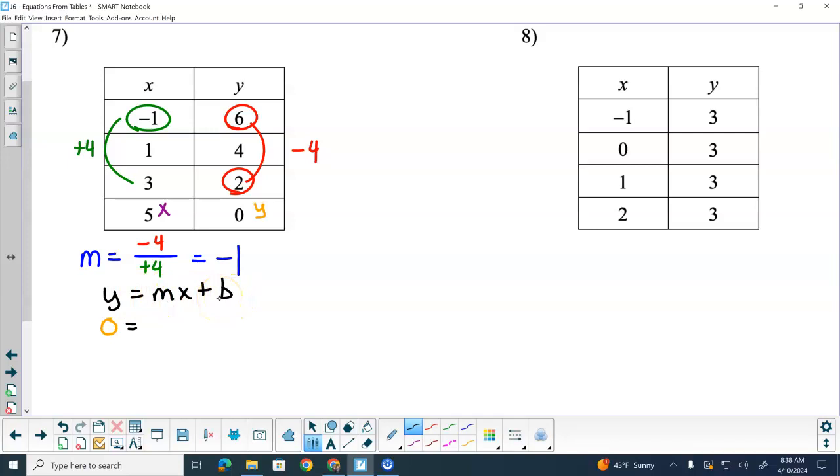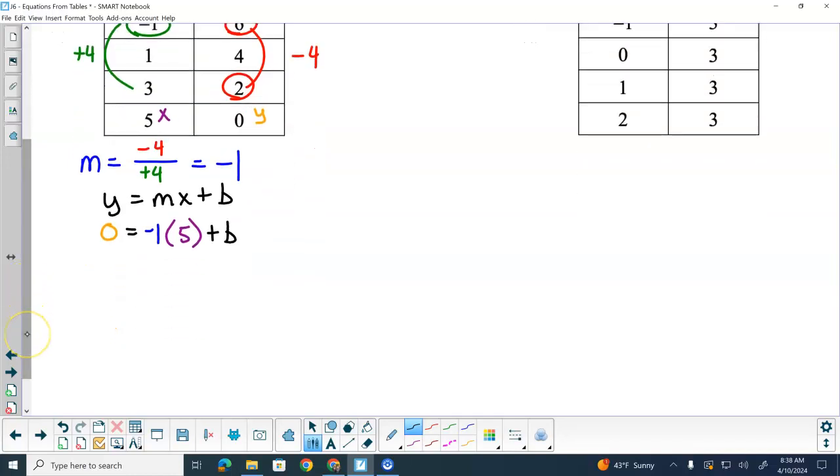Our slope we said was -1. Our x you just told me was 5, and we need to find our b. Right? 5, 0 is not the y-intercept because it's not 0, something. So we can't use 5 as our y-intercept. -1 times 5, Michelle. -5.